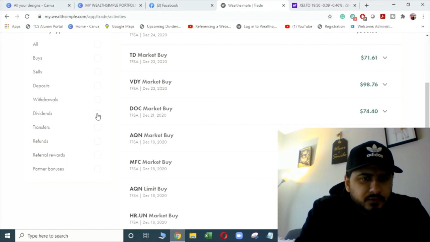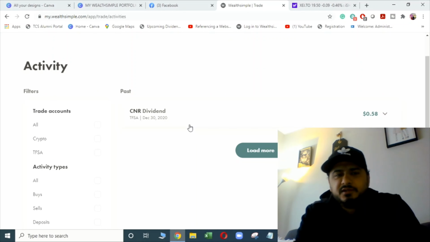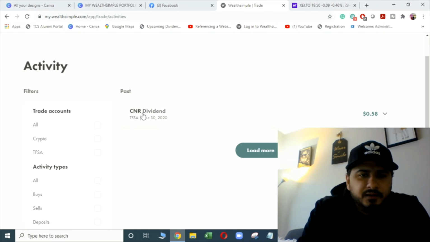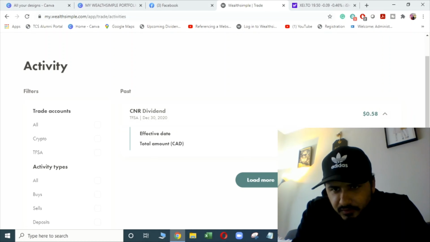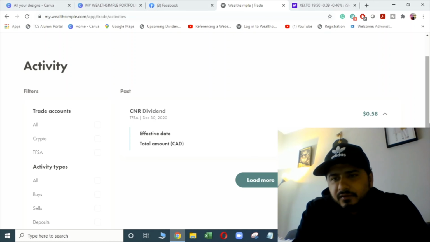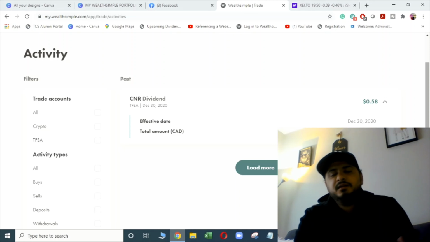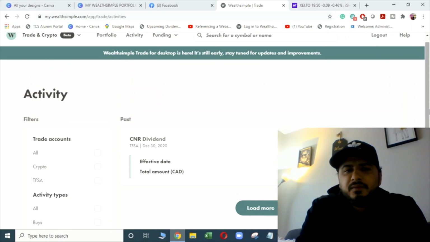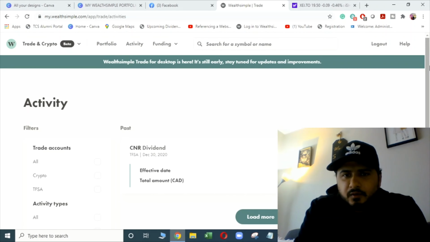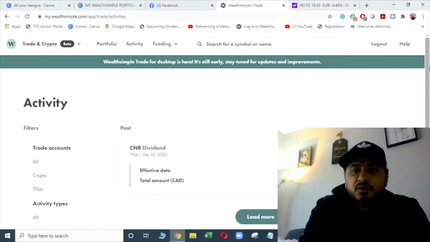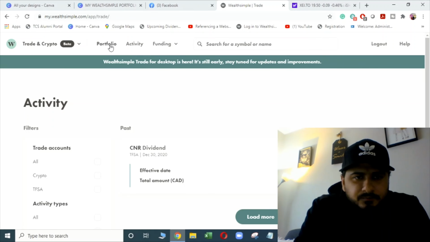So yes, if I go to the dividend thing, yesterday only I got my first dividend in my portfolio from the Canadian National Railway, that is of 58 cents basically. So as you can see, on 30th of December I got this dividend. So my ultimate goal is to build a portfolio that will give me maximum passive income in the form of dividends, so that we all can get financial independence as soon as possible, which will be the ultimate goal of this portfolio.